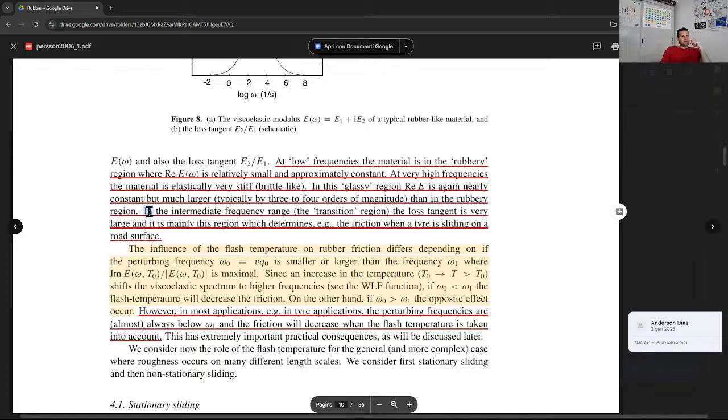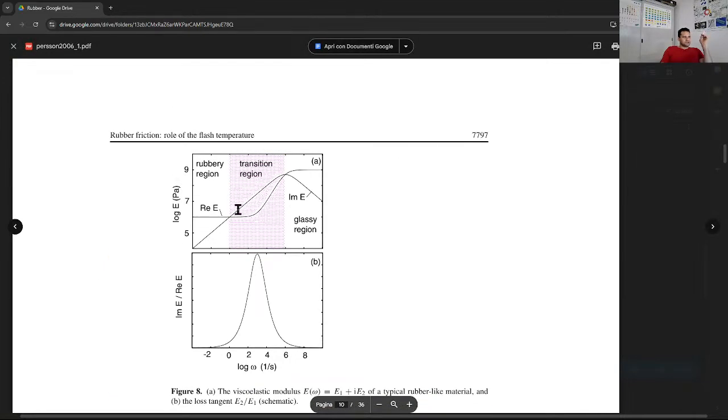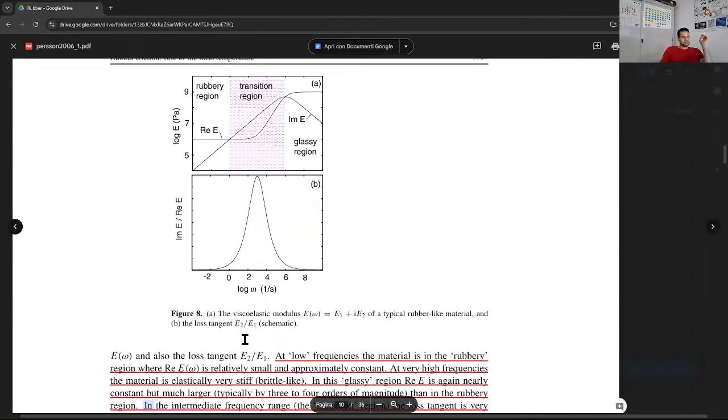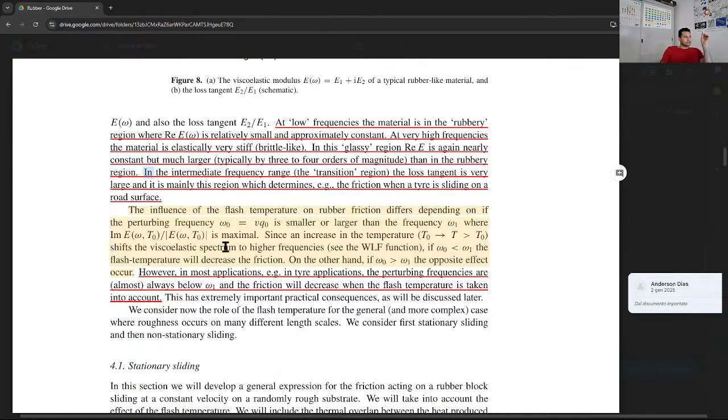In the intermediate range, and this is quite important, the transition region, as I said, the loss tangent is very large, because it is the division of the imaginary by the real part. And it is mainly this region which determines the friction when a tire is sliding on a road surface.